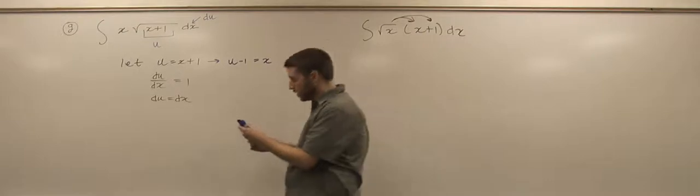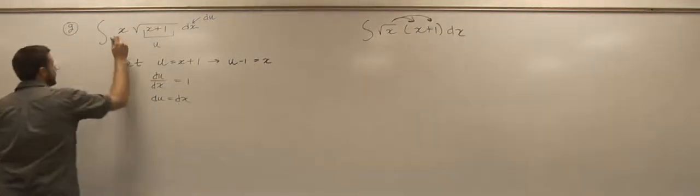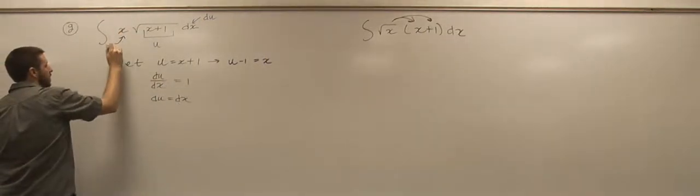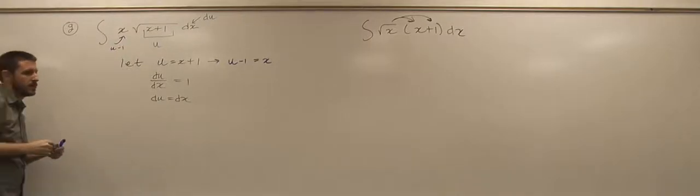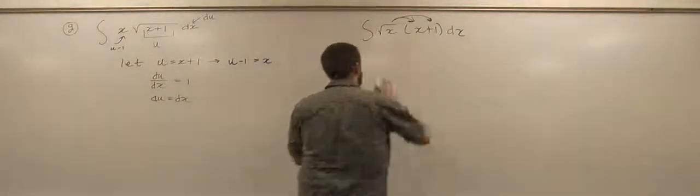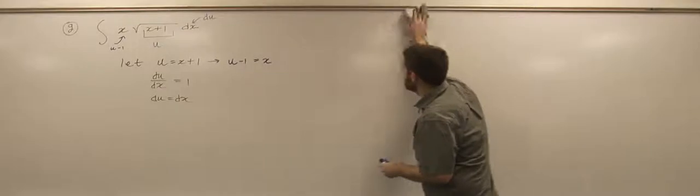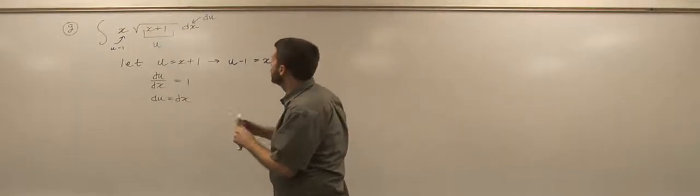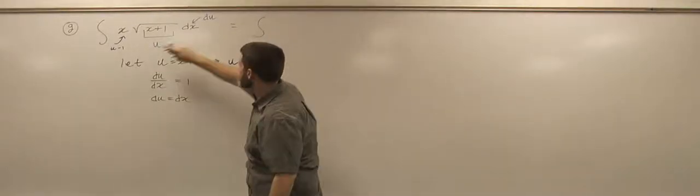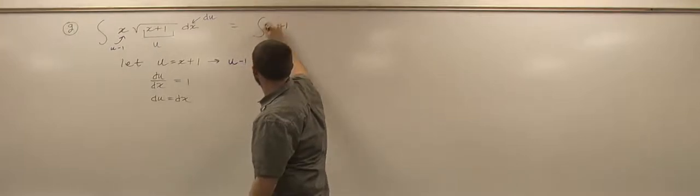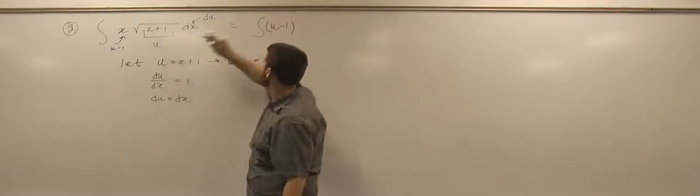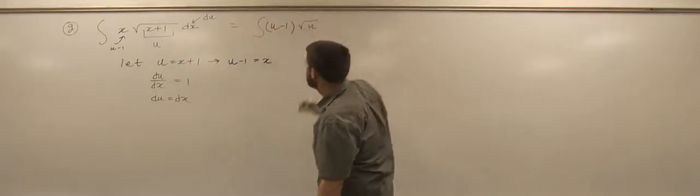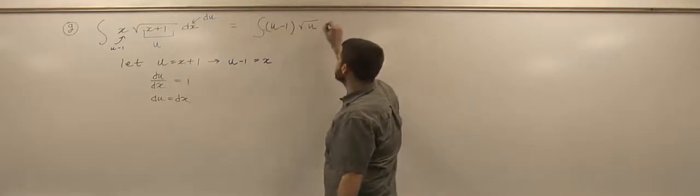So what that will do is allow me to put in here u minus 1. And this is going to allow me to break the integral open a little bit. Watch. So the x becomes u minus 1, the x plus 1 becomes u, and then dx becomes du.